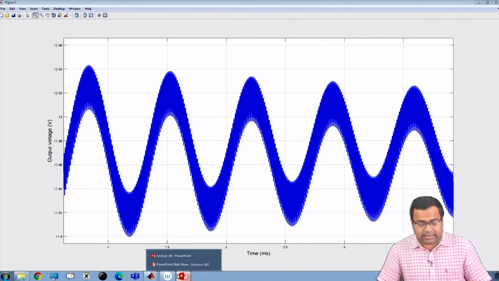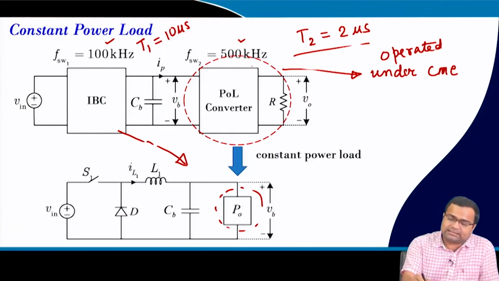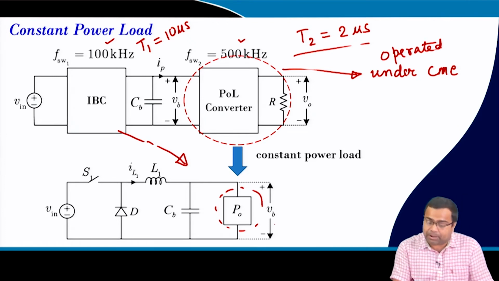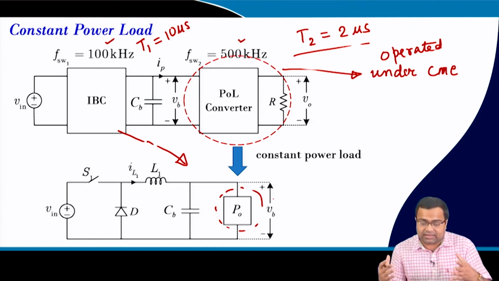Now, we want to take the second case. If we replace the POL converter by a constant power load, can we get an identical result?